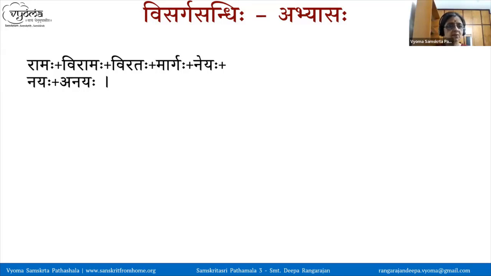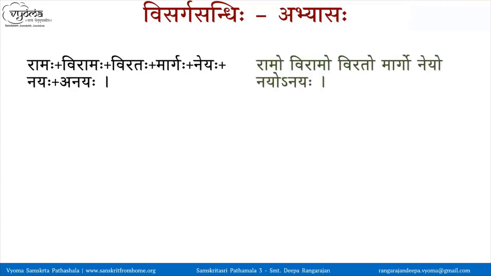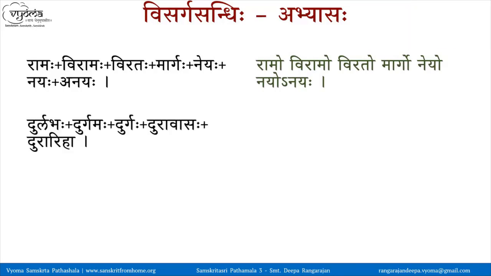Nayo Anayaha first and then Nayo Nayaha because of Purva Rupa. When Harasva Akara follows, Purva Rupa is an additional step that we need to do. Nayo Nayaha. Ramo Viramo Virato Margo Neyo Nayo Nayaha. Durlabaha plus Durgamaha.